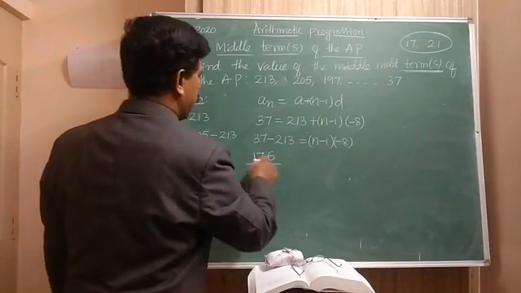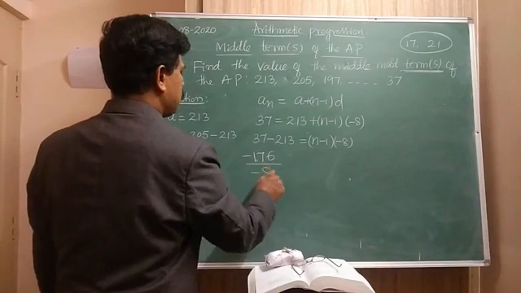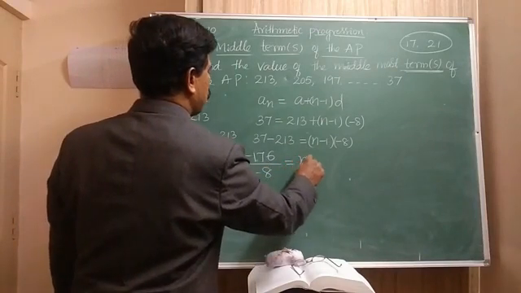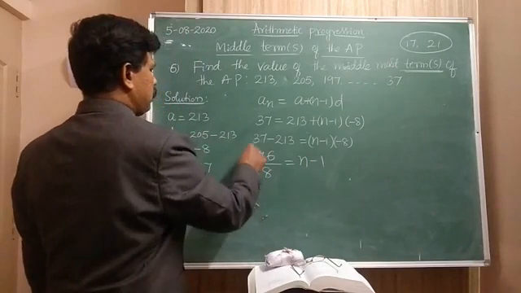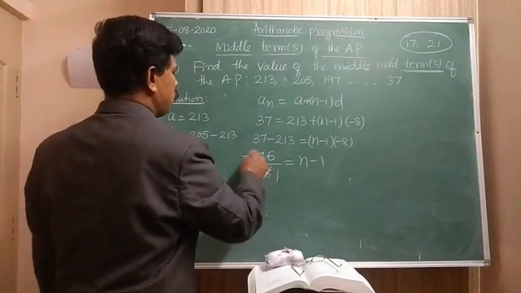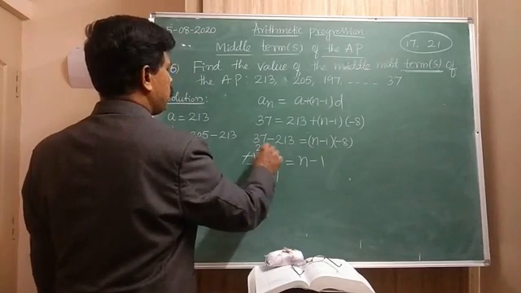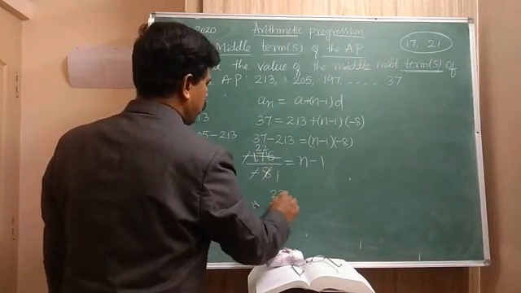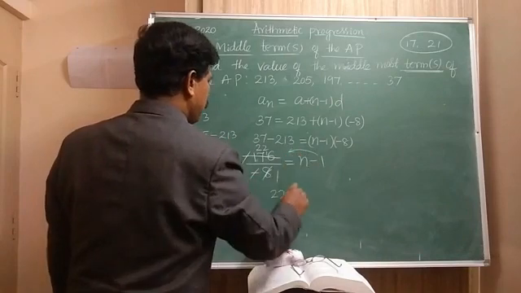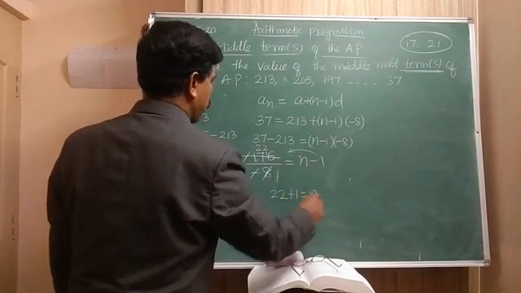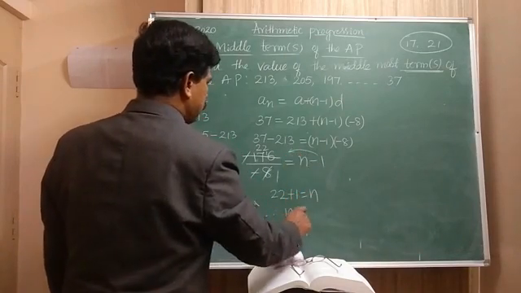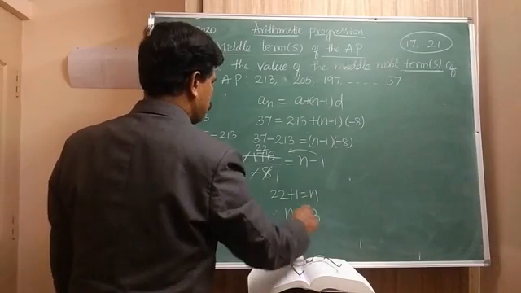Whole divided by minus 8 equals n minus 1. See, this gets cancelled. 8 2s are 16, 8 22s are 176. So 22 is n minus 1. Shifting minus 1 to this side, plus 1 equals n. Therefore, n is equal to 23.